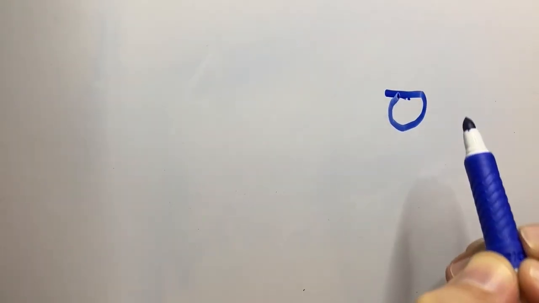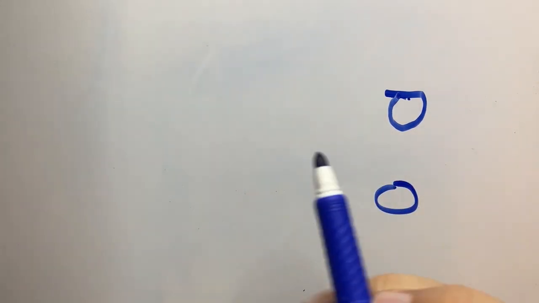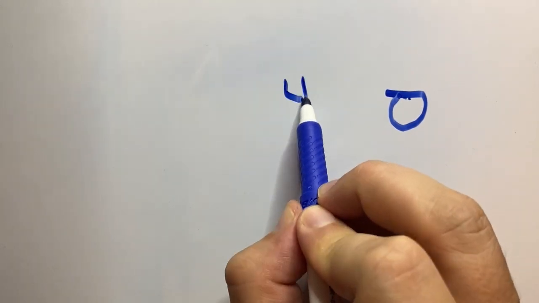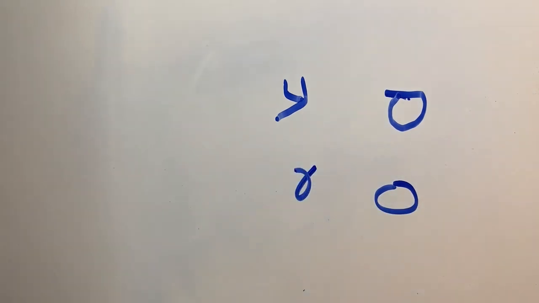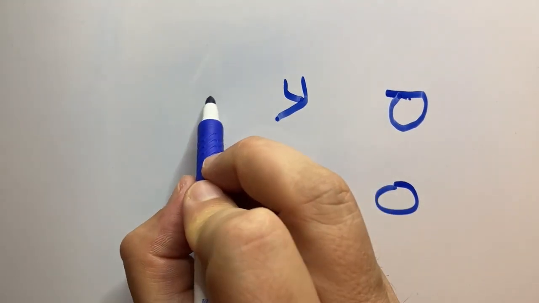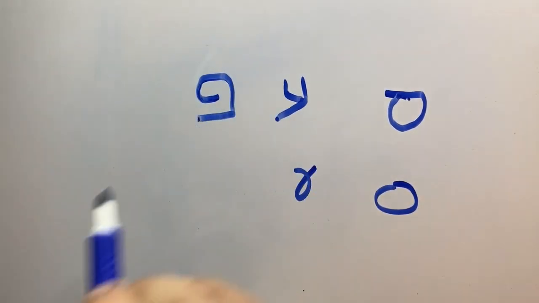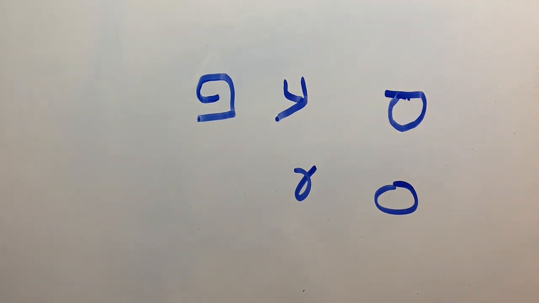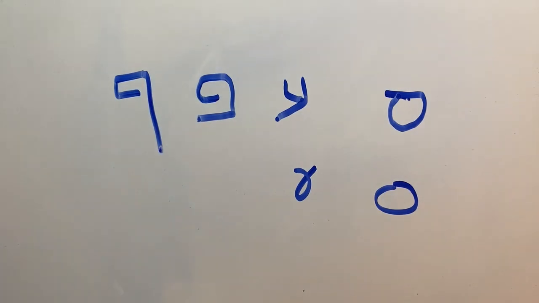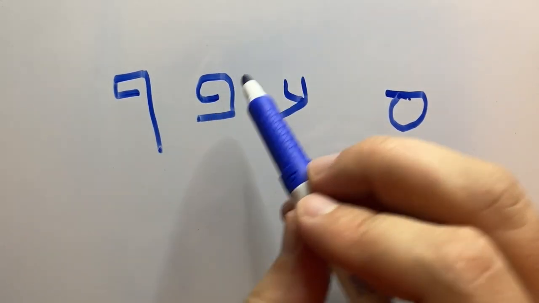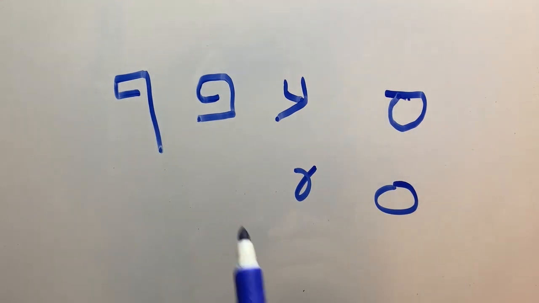Okay, Samekh. Kind of like the backwards sigma, think of it that way. Ayin. Now, Pe and Tsade each have initial forms and final forms. That's your Pe, and it's your final Pe, so the beginning or in the middle, and then at the end.